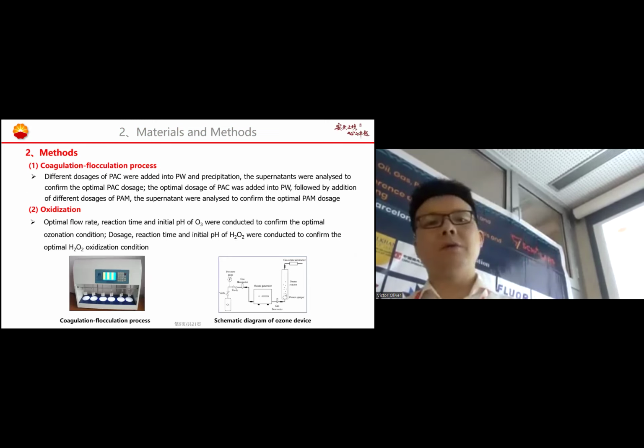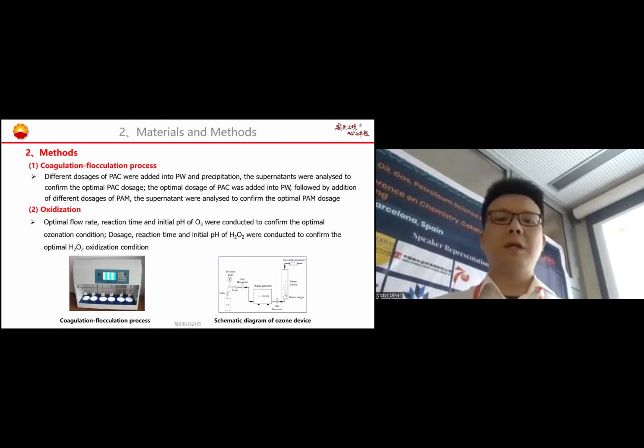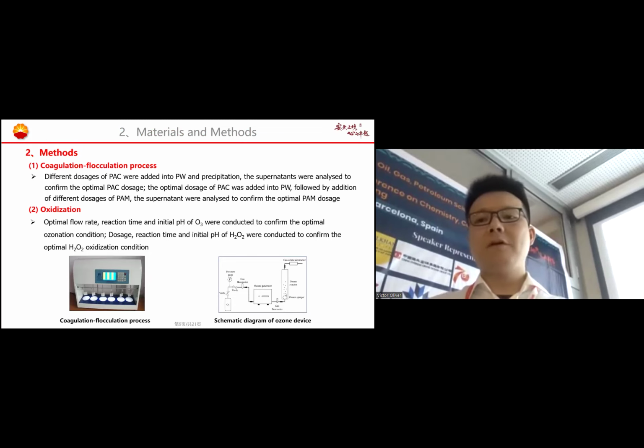In the coagulation purification process, different dosages of PAC were added into produced water and precipitated. The supernatants were analyzed to confirm the optimal PAC dosage. And then the optimal dosage of PAC was added into produced water, followed by addition of different dosages of PAM.